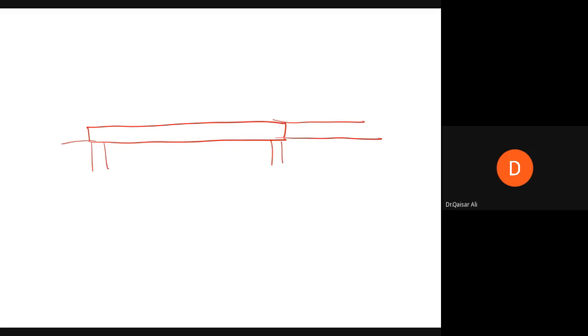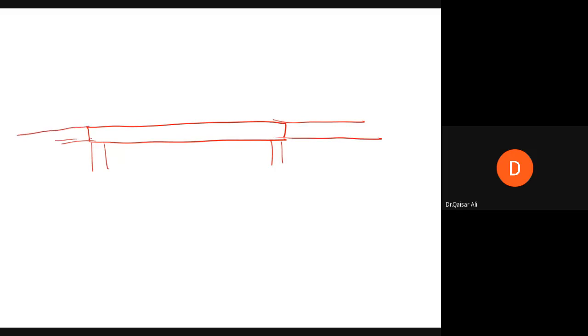So you mean that there was a beam like this, resting on supports. You say that it was simply supported, but I don't think it was simply supported. It might have been continuous supports like this, maybe a support like this here, and the beam was continuous past this support.